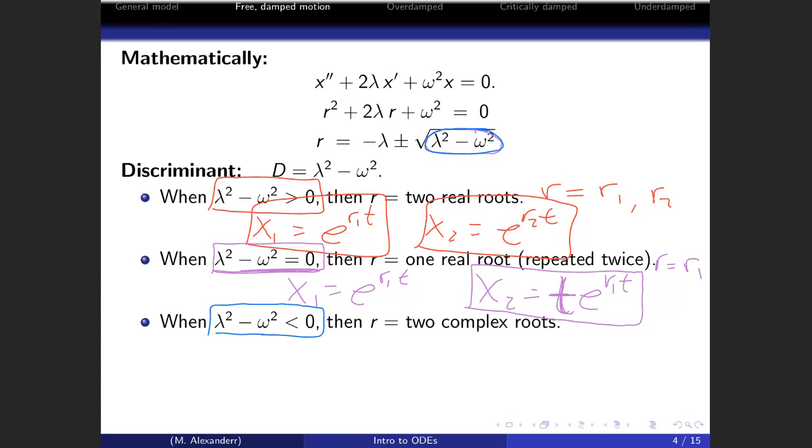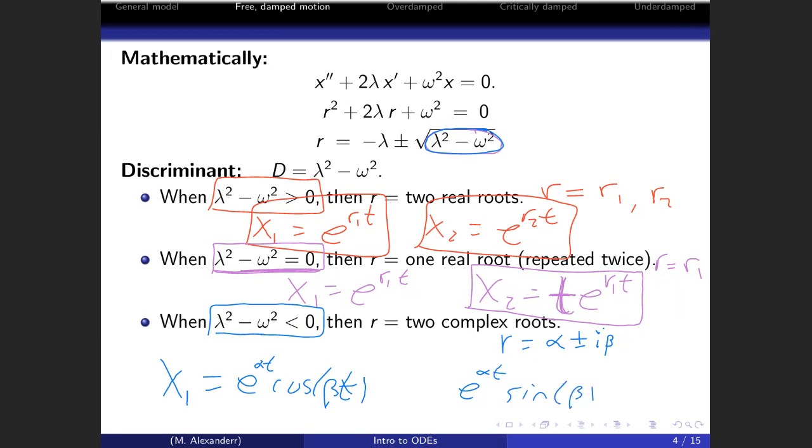If your numbers are of the format alpha plus or minus i beta, and beta is not the same beta as we have at the top, then the solutions are going to be an exponential times cosine: e to the alpha t multiplied by cosine of beta t, and then e to the alpha t multiplied by sine of beta t. The only tricky part is that the beta at the bottom is not related to the physical system that we have. So we have to be very careful how we write down our solution, but we'll talk about that later. So that's our third case.